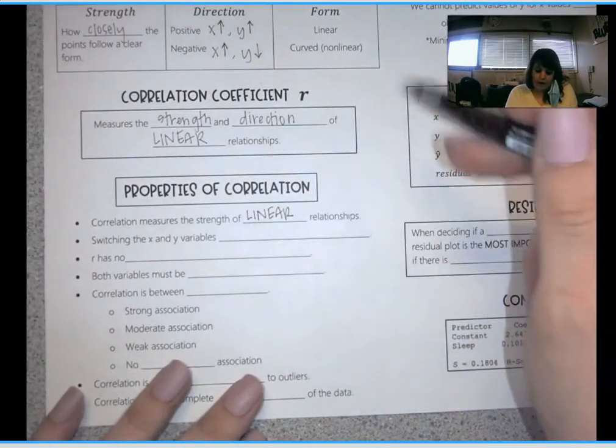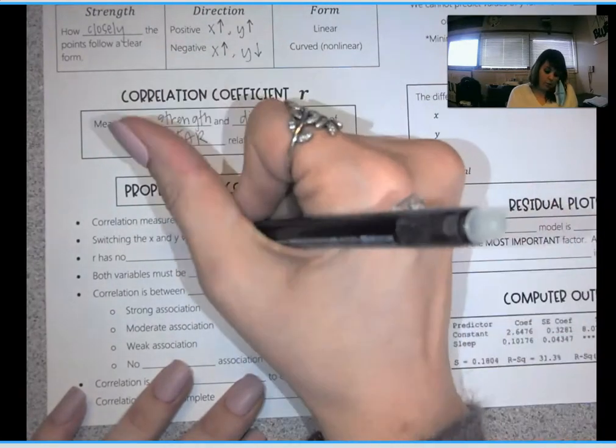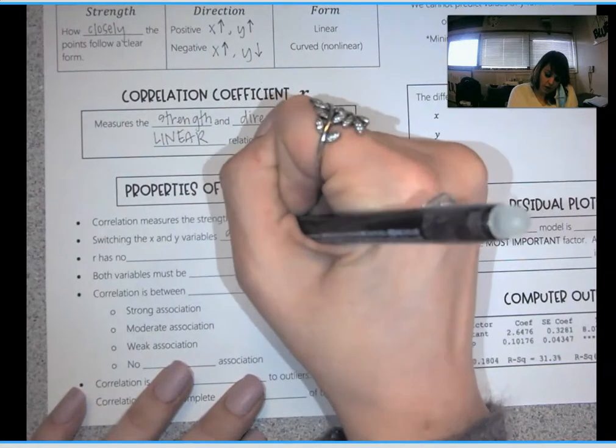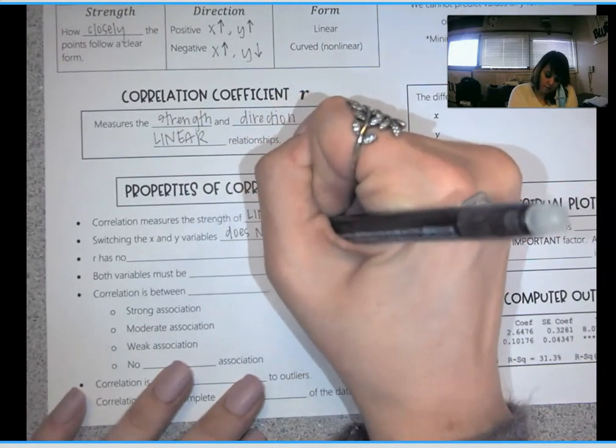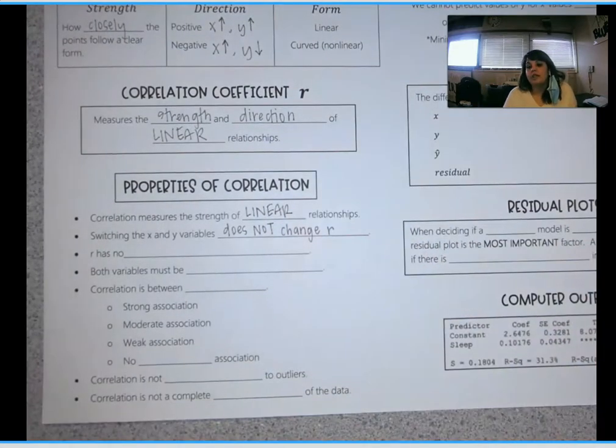This is Crandall. Switching the x and y variables does not change R. So a good example of this would be the Da Vinci problem.